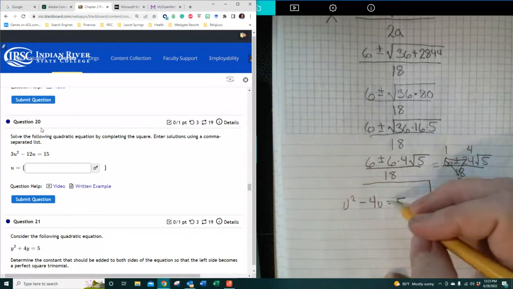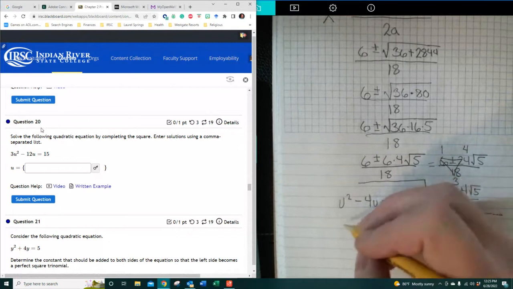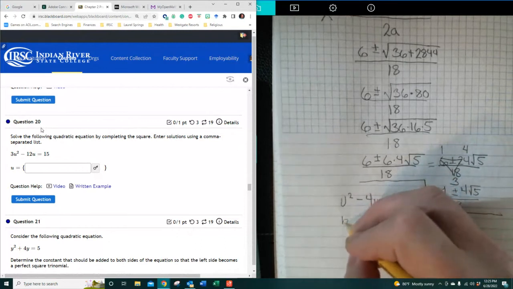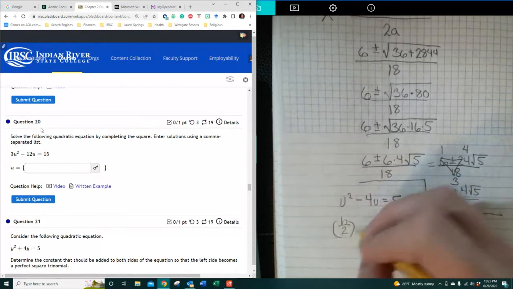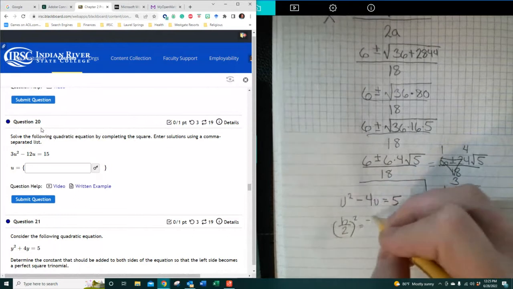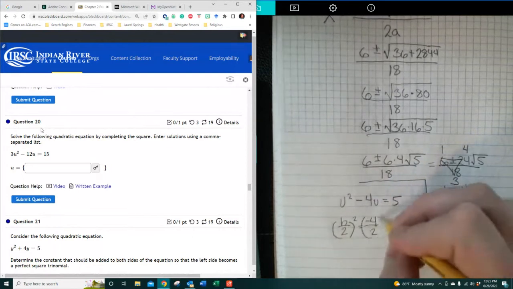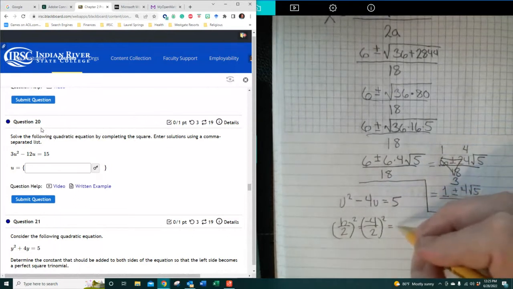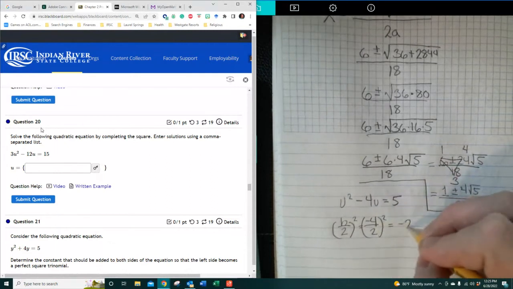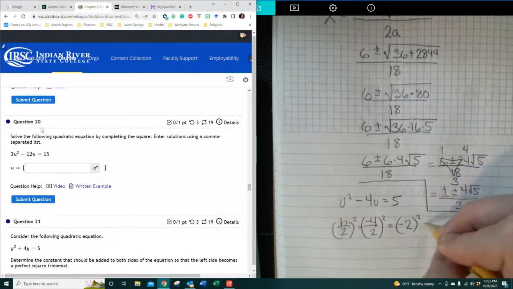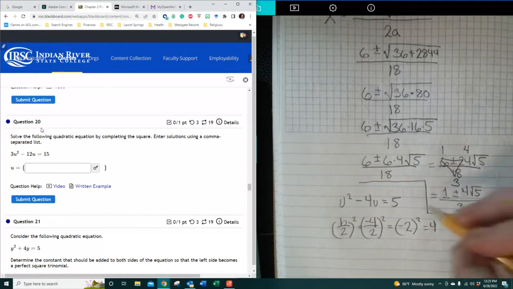Now that I have done that, I'm going to complete the square. Completing the square is half of b, squared. So half of -4, squared: half of -4 is -2, squared, and that would give us 4.